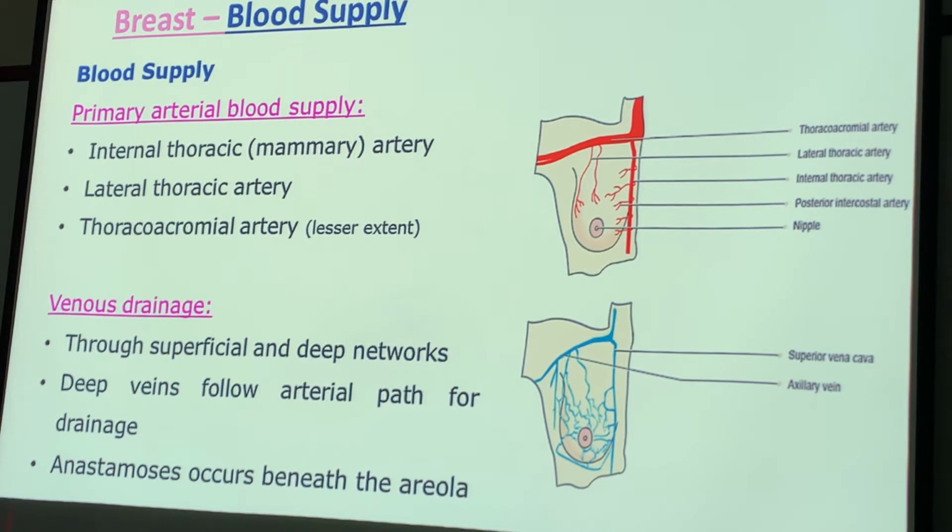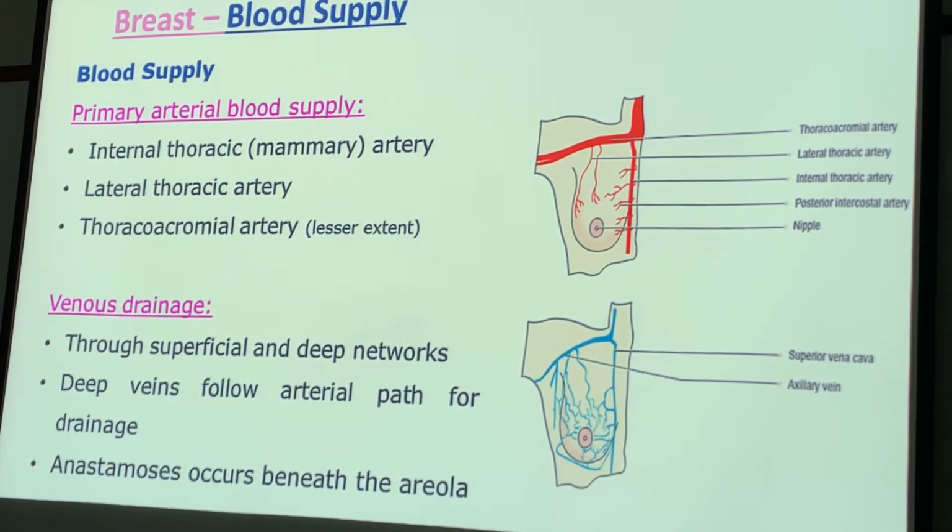And to a lesser extent, you have the thoracoacromial artery. Isn't that the acromion right there, the piece that sticks out on the shoulder? Thoracoacromial artery. I've been saying that wrong. The thoracoacromial artery, to a lesser extent, supplies blood to the breast. So the major two are going to be the internal thoracic artery and the lateral thoracic artery.